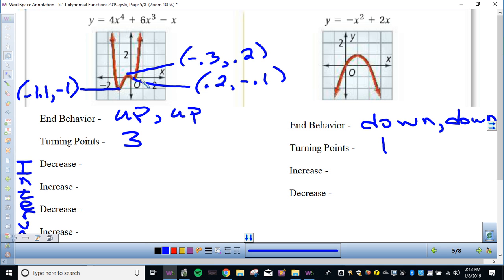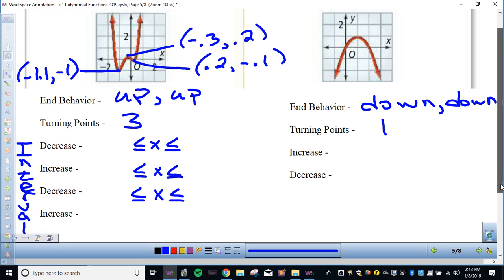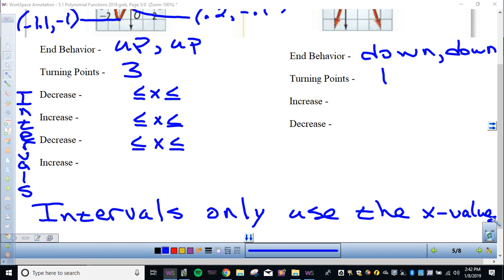The middle part of these intervals is always going to be the same, less than or equal to x, less than or equal to. So you can just fill that in right off the bat. If on a test you have no clue how to do any other part of this, and you at least do this part, I can at least give you a point. Anything that makes sense. I'm trying to give you points on a test when I grade your tests.